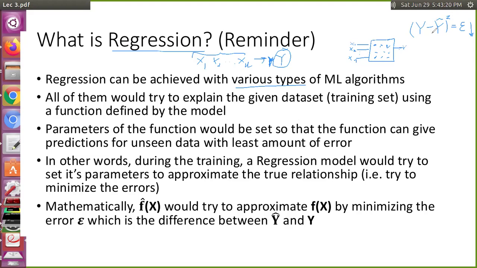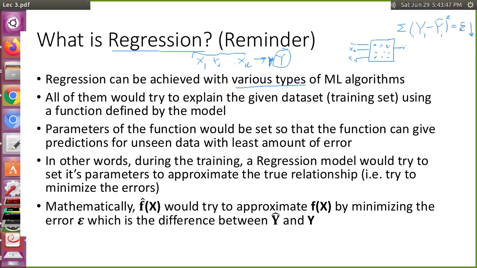So either it is a negative value or a positive value, like if the predicted value is lesser than the real value, or if it is larger than the real value, it would have a positive error when you take the square of the error, and by dividing it with the number of data points, so then you can add all the data points.